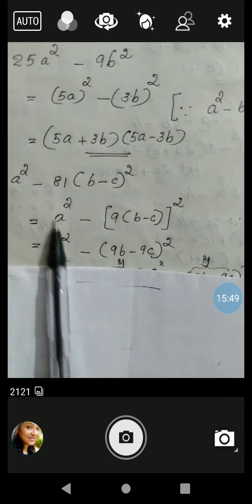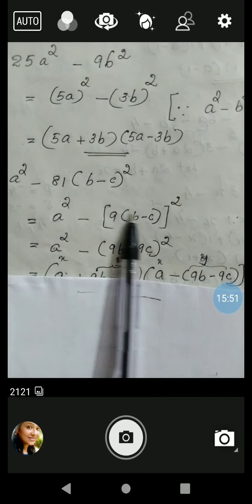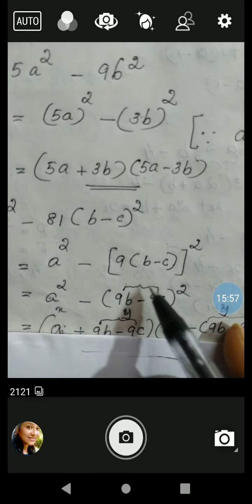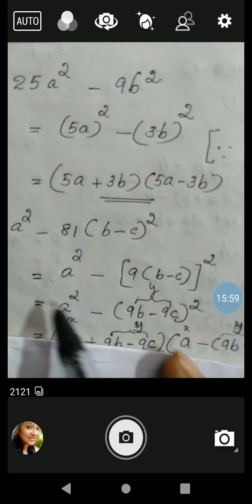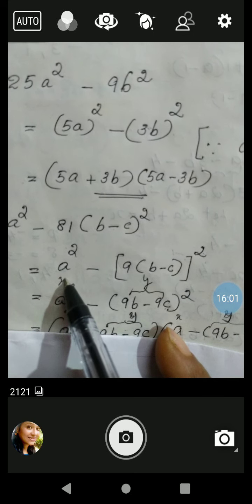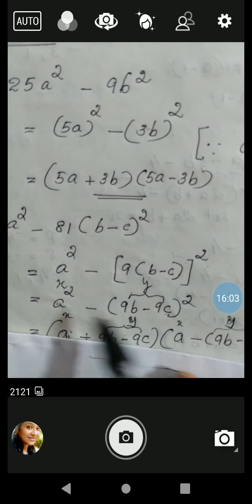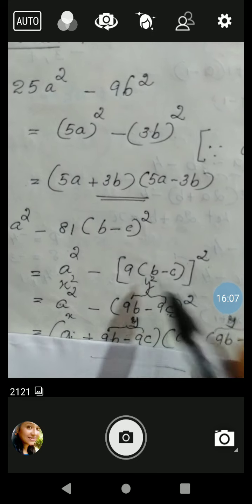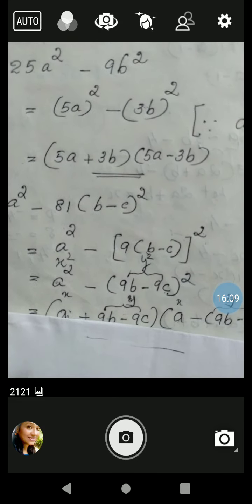Look here, x square minus y square. y is this one, and this is x square minus y square. Now we can apply x plus y into x minus y.